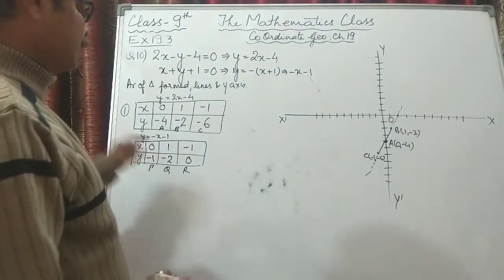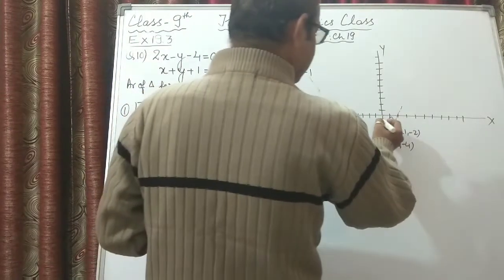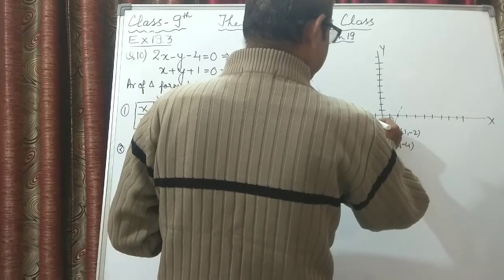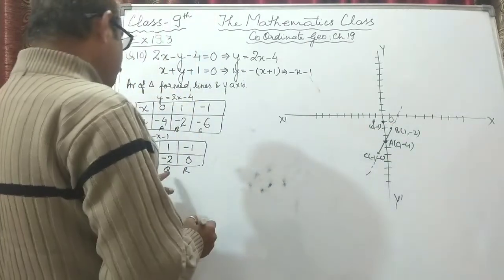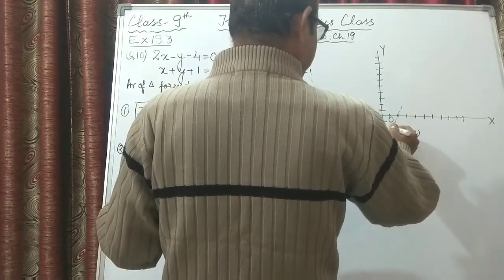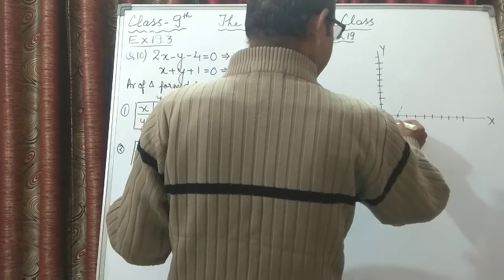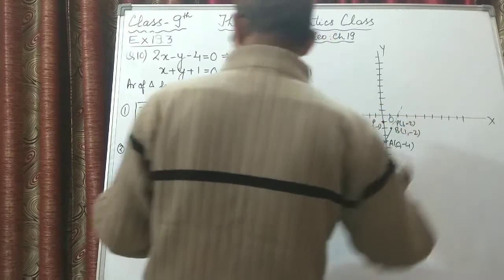Similarly, in the second case, x is equal to 0, y is equal to minus 1. So this is my point P, with coordinates 0, minus 1. Q is at x equal to 1, y equal to minus 2. You can see this point is the same as B, that is 1, minus 2.